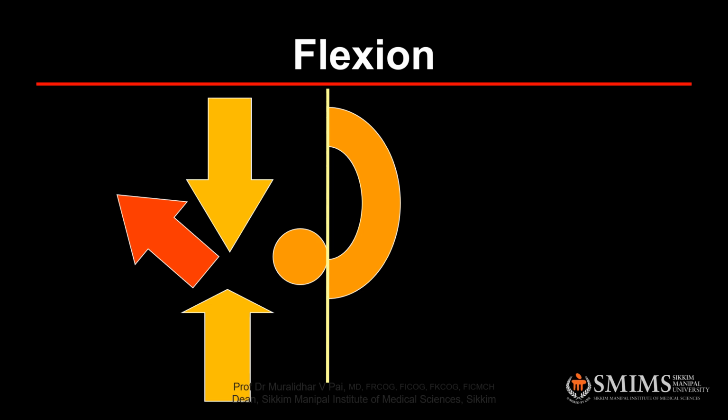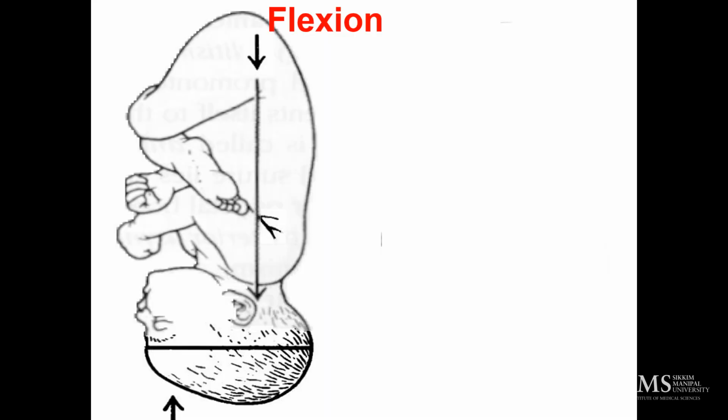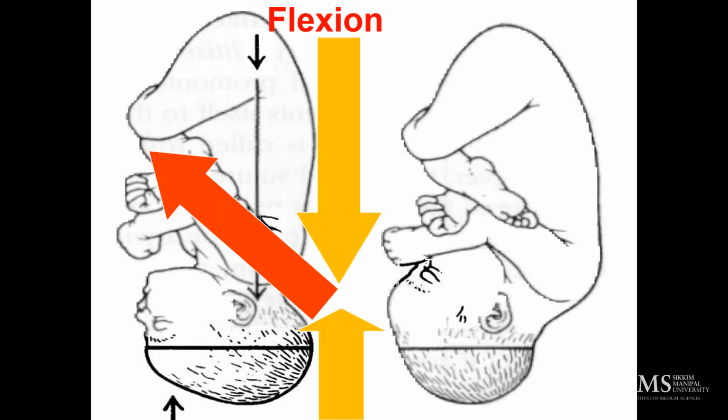The resultant force will be diagonal. Hence, the head, which is flexible at the neck joint, will flex. This will help in reducing the sagittal engaging diameter from occipitofrontal, which is 10 centimeters, to suboccipitobregmatic, which is 9.5 centimeters. The two equal and opposite forces, the resultant force will be diagonal, which will help in flexion of the head at neck joint.